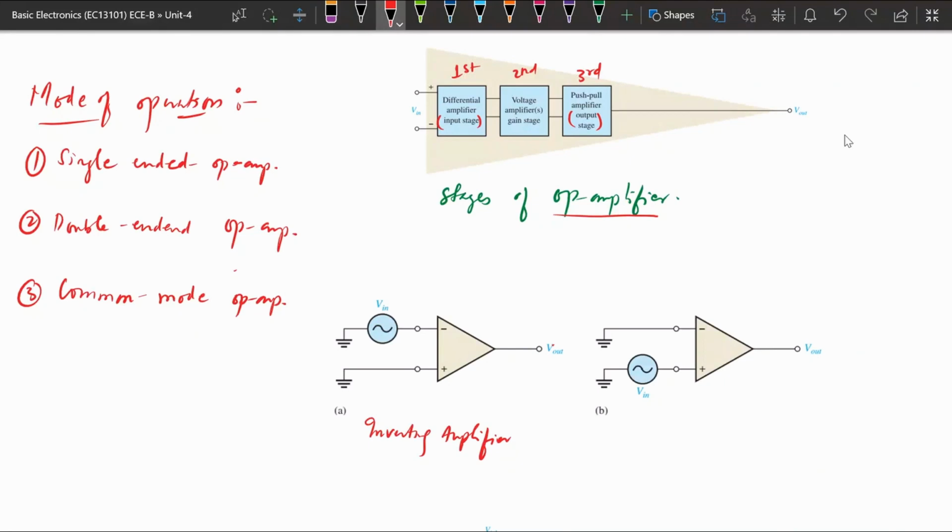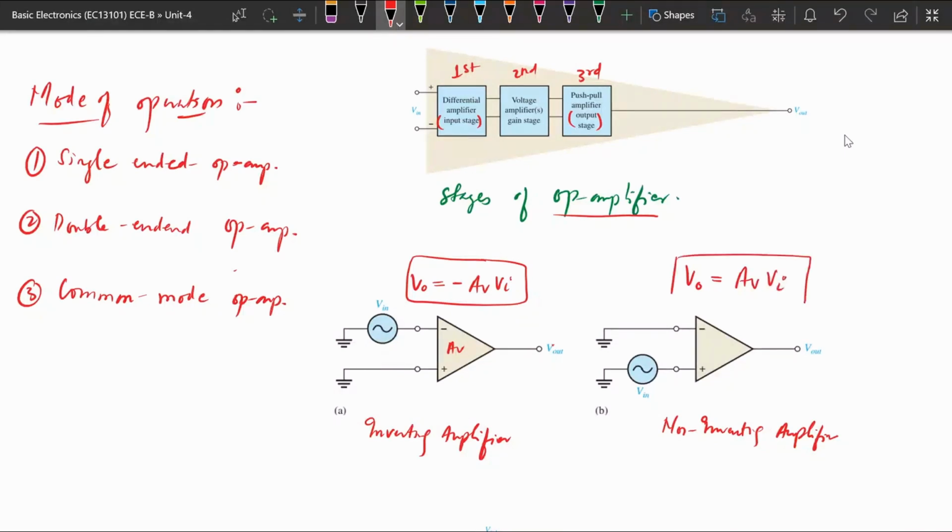Whatever the output is, it will be the negative of the gain. If the gain is AV, the output is minus the gain multiplied by the input. If we apply the input to the non-inverting side, it is called a non-inverting amplifier, and the output will be related to the input by AV.